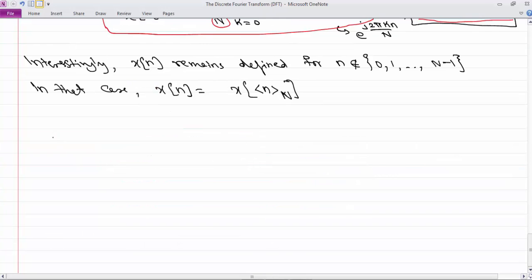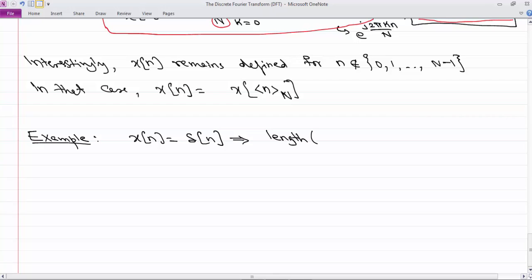So let's do a couple of examples to help us understand how DSP works. The first example is we are given x[n] equals delta[n]. This means that the length of x[n] is 1.